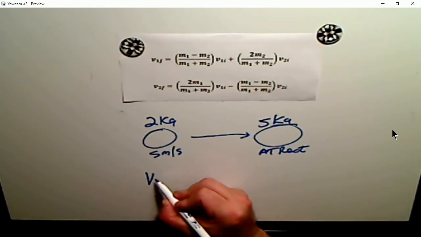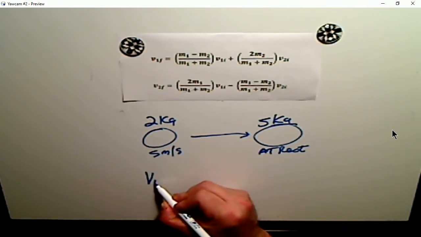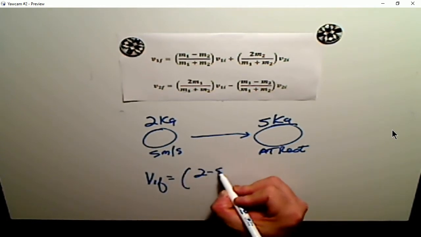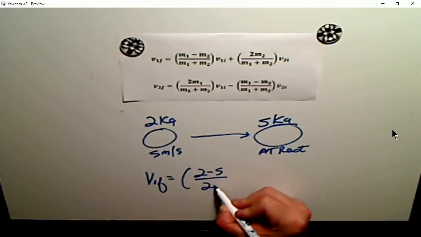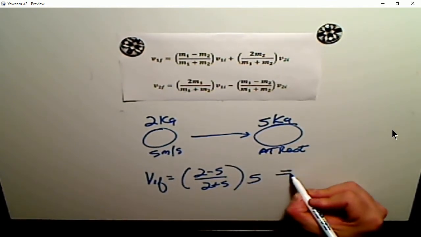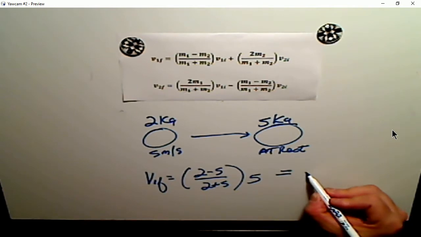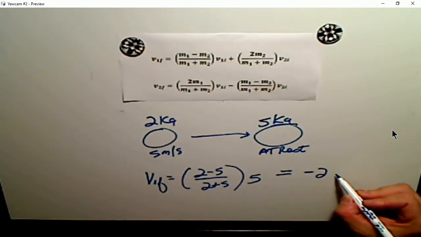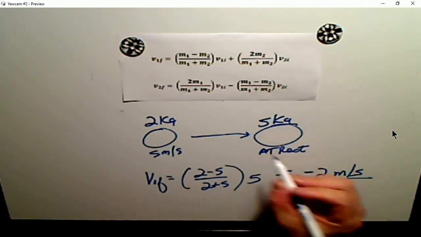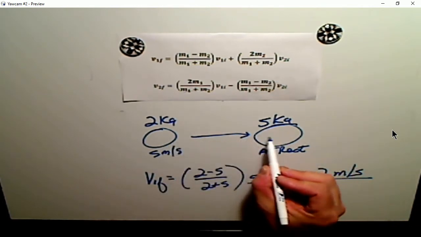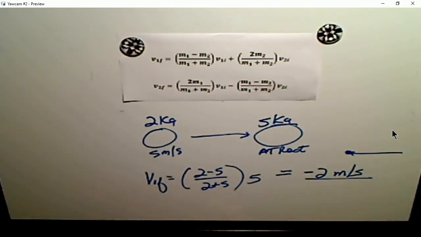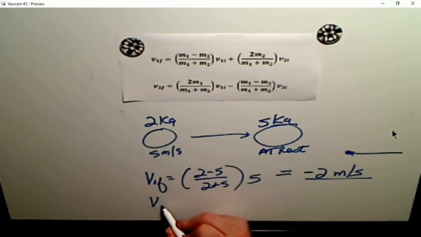Well, again, using those equations, velocity of ball 1 final is equal to 2 minus 5 over 2 plus 5 times 5 gives us about a -2 meters per second. This ball, after collision, is going in this direction. What's happening with ball 2?